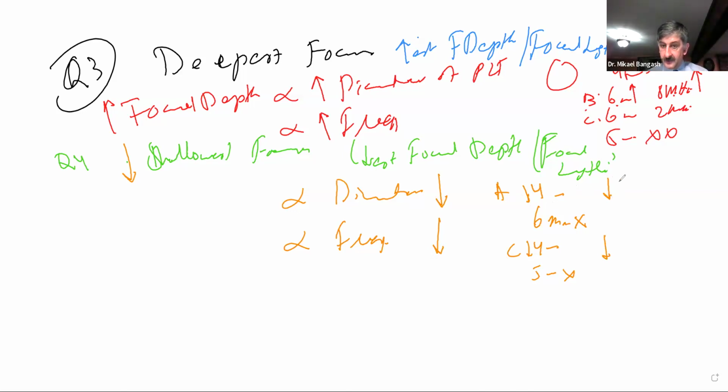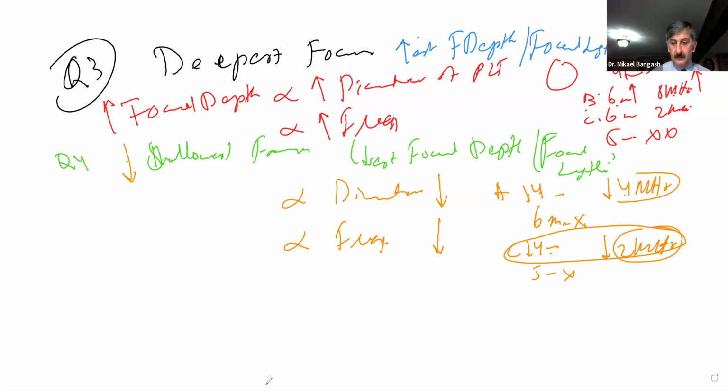A has a frequency of 4 megahertz, and C, as in cat, has a frequency of 2 megahertz. So it will be transducer number C. Because of the smallest diameter, same as here, but since this one is a lower frequency, then this one is a greater frequency. Okay. So lowest, shallowest focal depth.